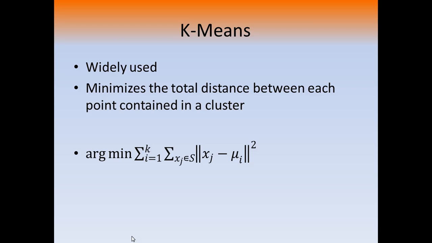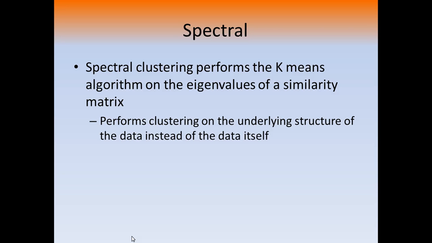And then it chooses 10 centers, assigns each point to a center, and checks to make sure it's the minimum distance every time. And then it continually updates the centers and checks the points until it can get the minimum distance contained in each cluster.